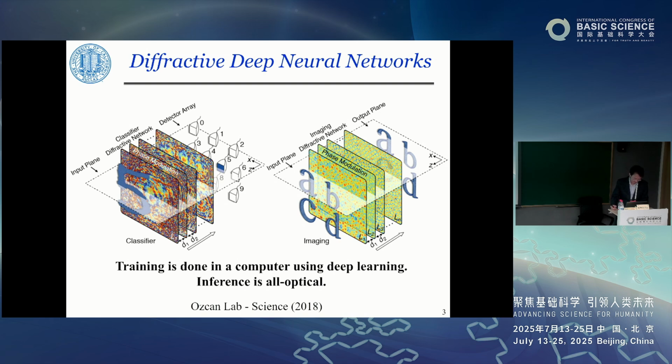For example, here are shown the phase modulations of the light. It can easily incorporate optical nonlinear activations to improve the performance. The layer coefficients are trained through deep learning, and once fabricated, they perform all-optical inference without any power consumption.